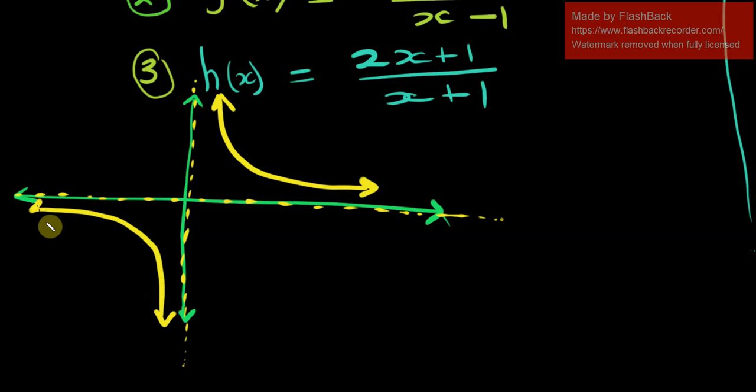Okay, so this would be the domain. This is positive infinity, and that's negative infinity. That's positive infinity, and down there all the way to negative infinity. Right there is 0.